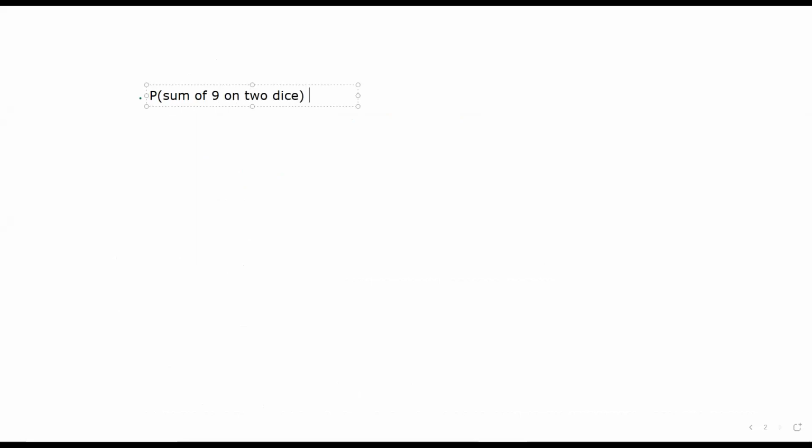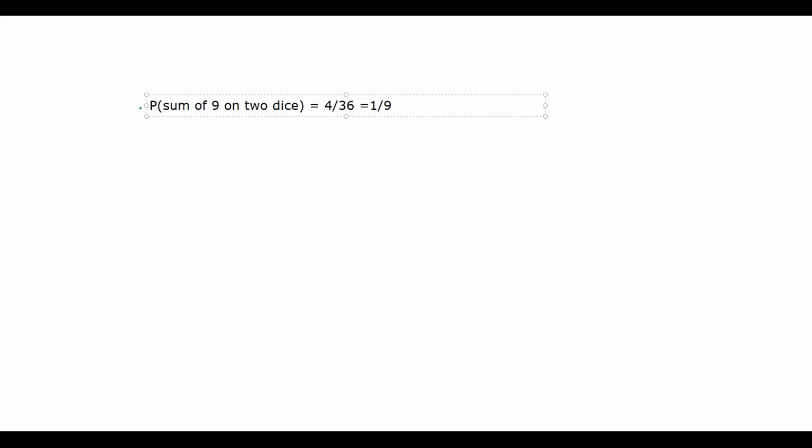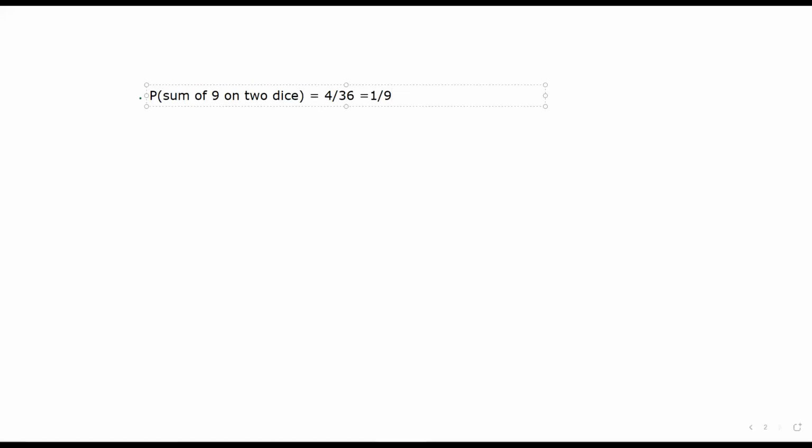Just to help us, this we said was 4 out of 36, which reduces to, if I divide everything by 4, 1 out of 9, right? And then if you're not sure, remember your calculator is your friend. Sometimes in this class, it may not seem like it, but it is.